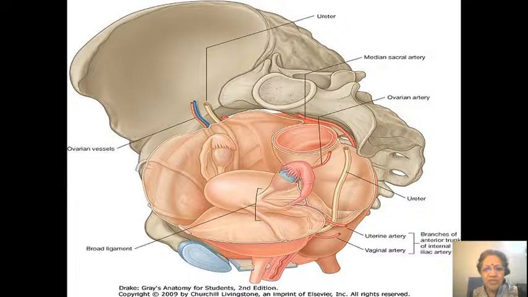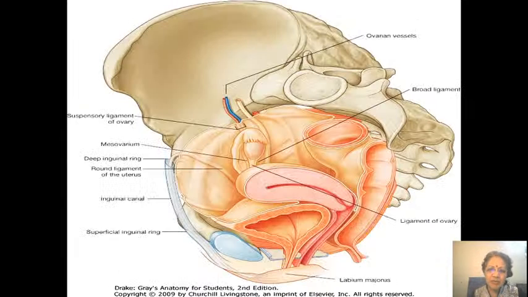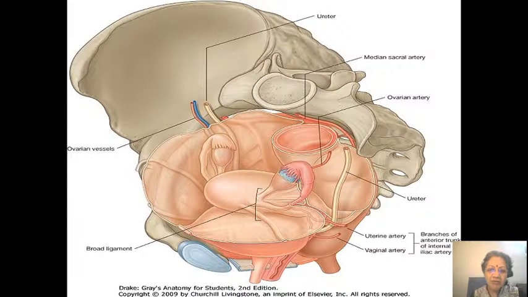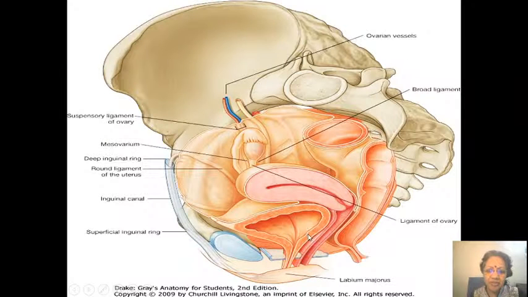This is just to show you the relations from an in situ perspective, inside the body, because otherwise all the diagrams show how it is when it is outside the body. Now, that same section above was a full uterus. We haven't sectioned it, we just removed the bone and looked at it from that side.